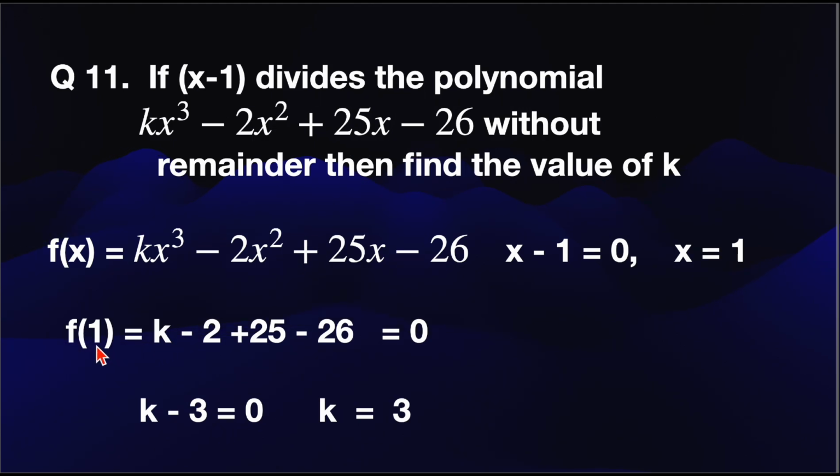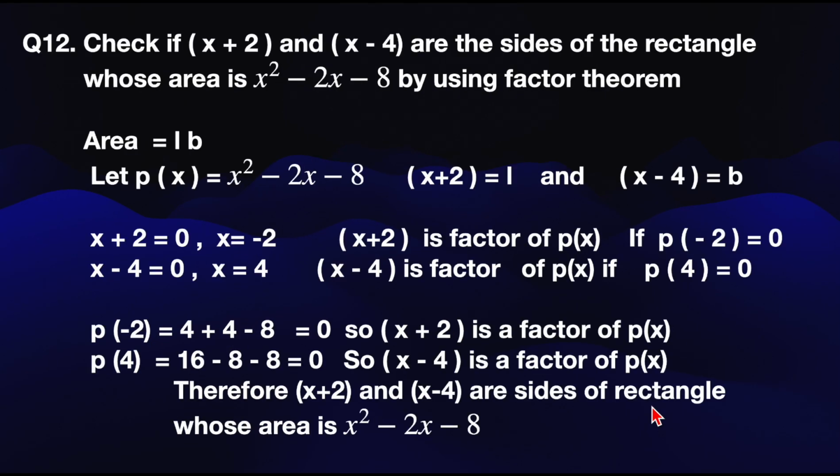See, I have put the value of x as 1. Here 1 I have put and I have simplified it. I get this expression. This is equal to 0 because it divides without remainder. The remainder is 0. Then simplify this. You will get k minus 3 is equal to 0. K is equal to 3.